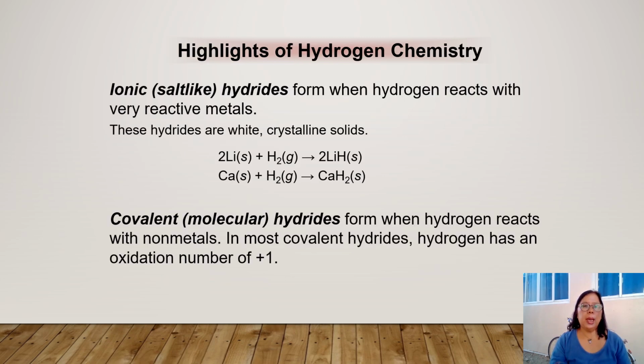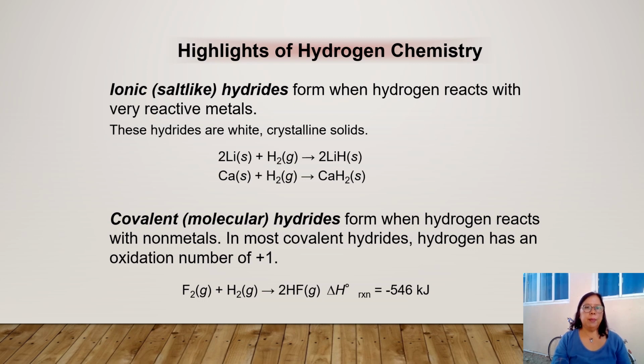Okay, these are the highlights that made hydrogen popular in chemistry. They could work as ionic hydrides when hydrogen reacts with reactive metals. So you have the white crystalline hydrides of lithium and calcium for various commercial purposes.